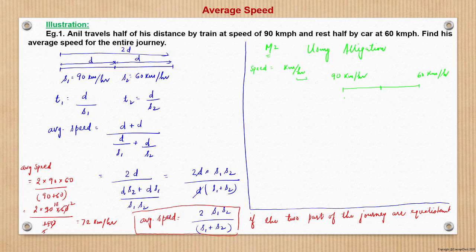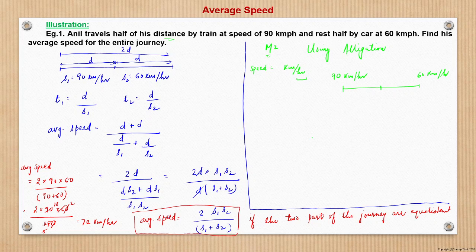In the usual alligation which we have studied, the bottom represents the denominator of the quantity which we are alligating. Here we are alligating speed, which is in the numerator. So the denominator should have the time. But here we do not know about time. Here we know that distance is given, right? So okay, since we do not know time, there are two methods.